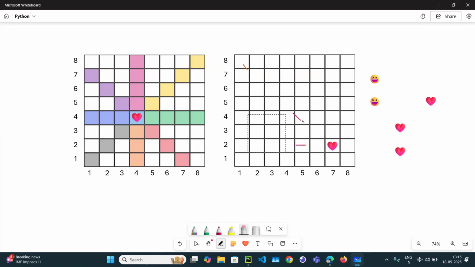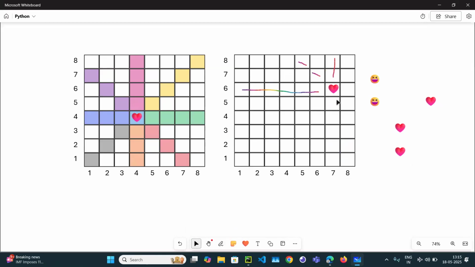Let's try another position. Let me put it here. So queen can attack only two positions. Left is one, two, three, four, five, six, and top is two. So minimum of left and top is two, which makes sense.